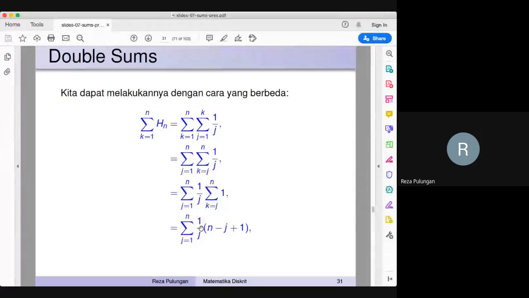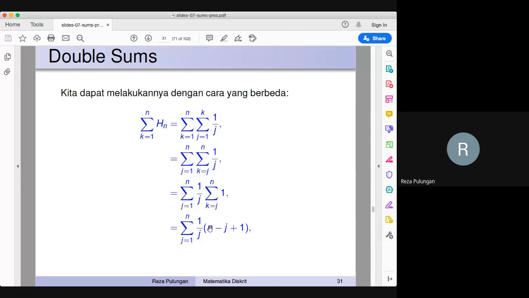If we go back again to the slide, you will be able to see it. Take j is equal to 1. When j is equal to 1, this is 1 multiplied by n minus 1 plus 1. So this is just n, according to the result.